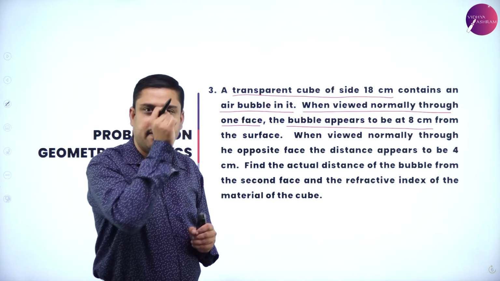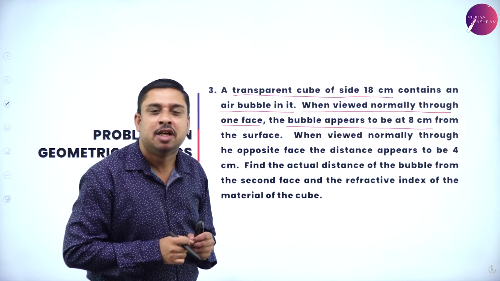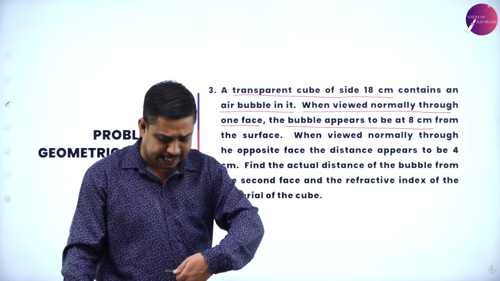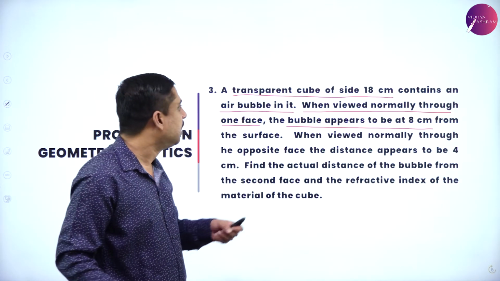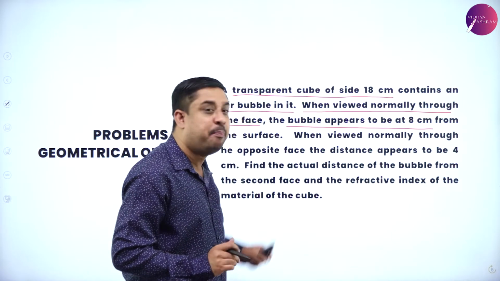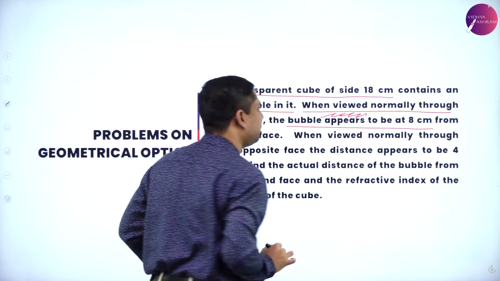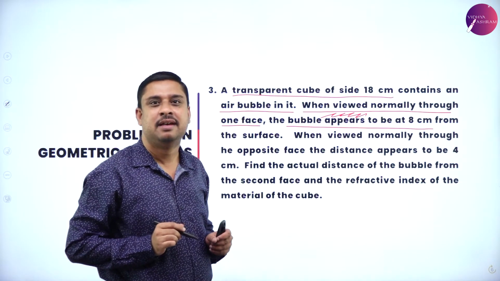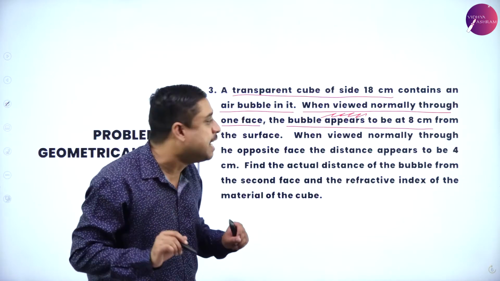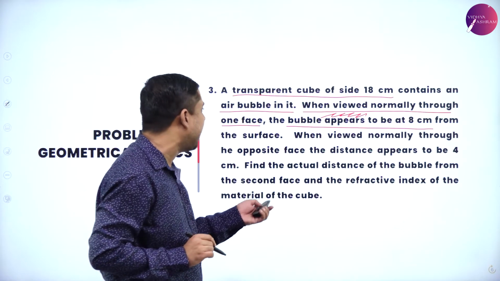When you are viewing normally through one face, normally when you see the ice cube, the bubble appears not exactly there. It appears to be at 8 centimeters from that face.